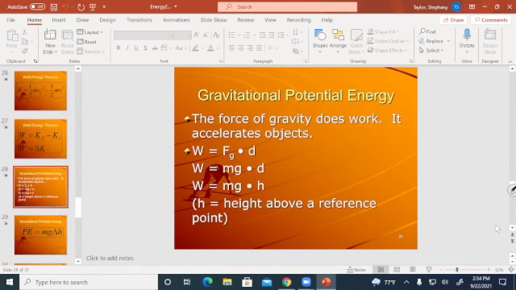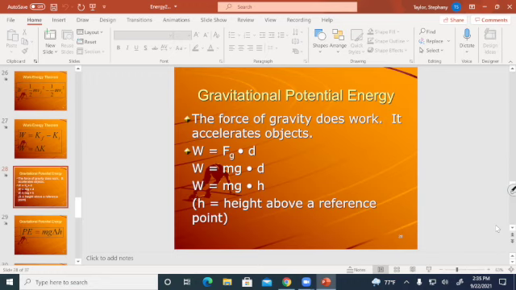All right, the next one is potential energy. Potential energy is due to the force of gravity. First of all, we know that work was force times distance. Force is also mass times acceleration, and gravity is a form of acceleration in the downward direction.